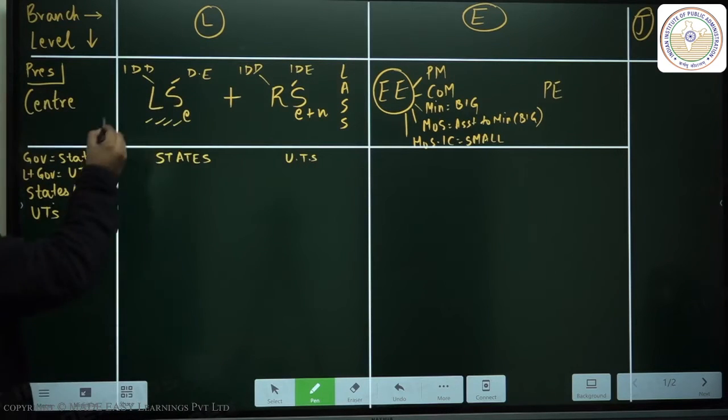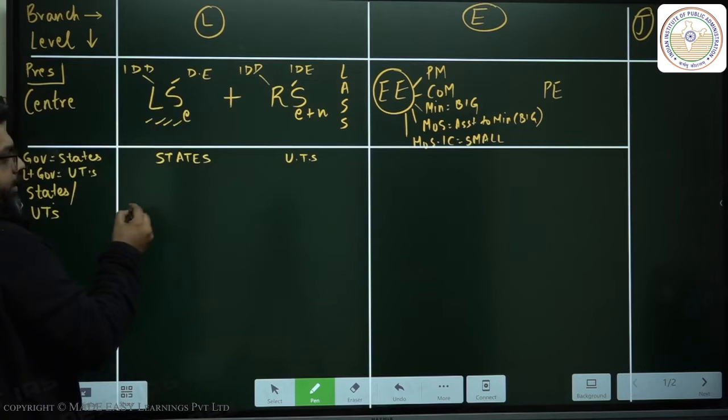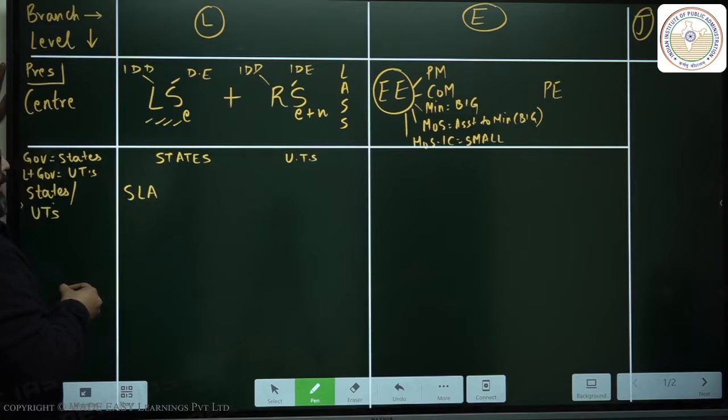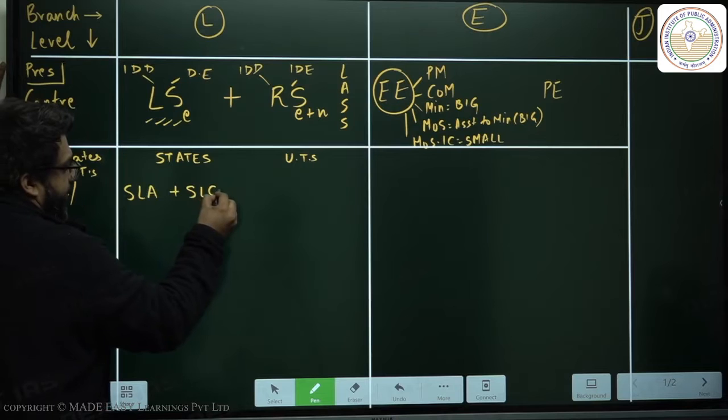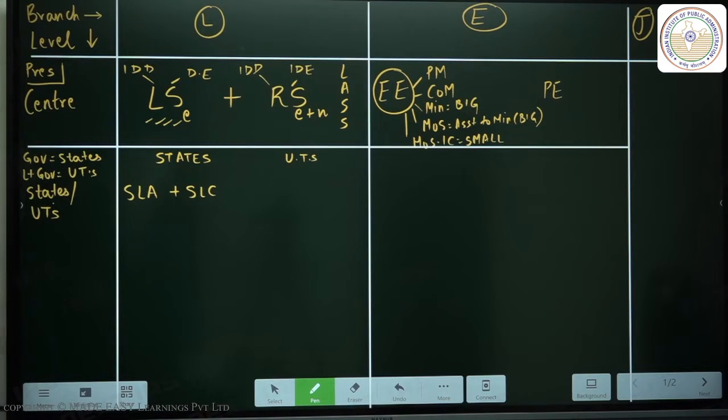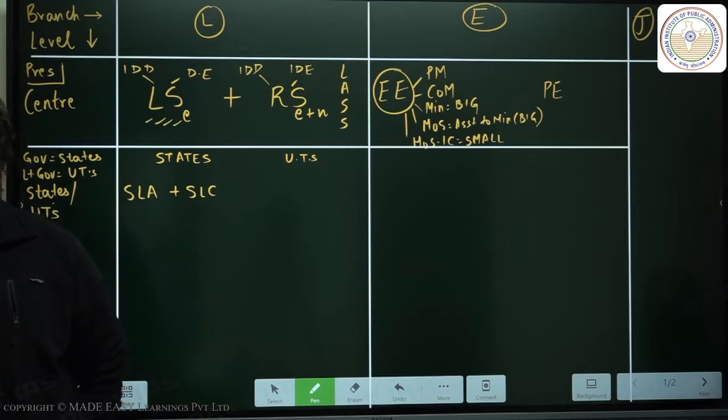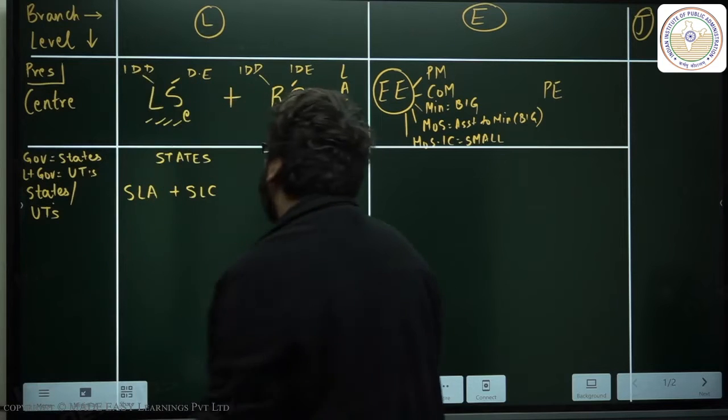Right? Now, what is Lok Sabha at the center? You have state legislative assemblies at the state, and in a select few states, you have state legislative councils. Okay, 8 states in India have state legislative councils. Okay, okay.